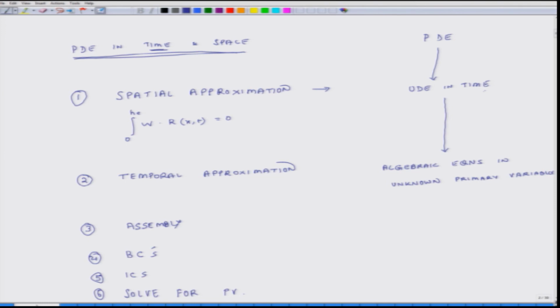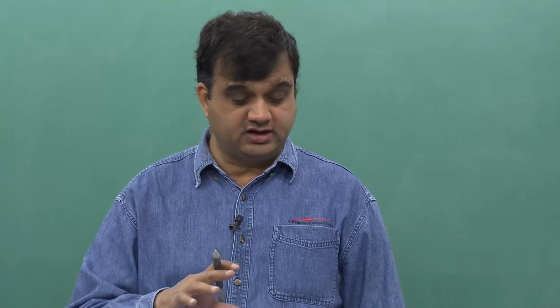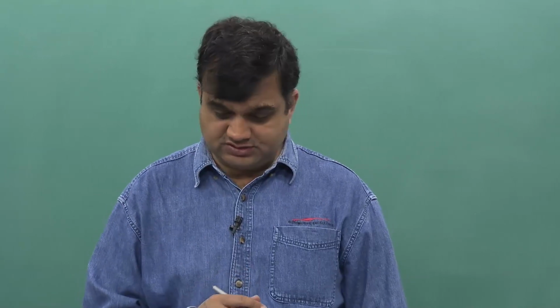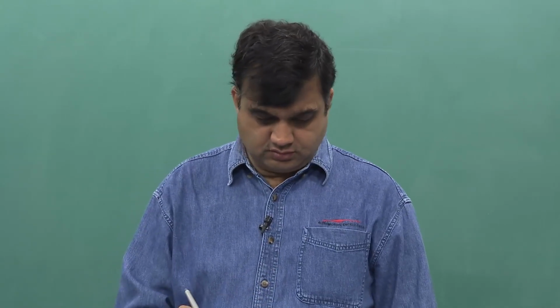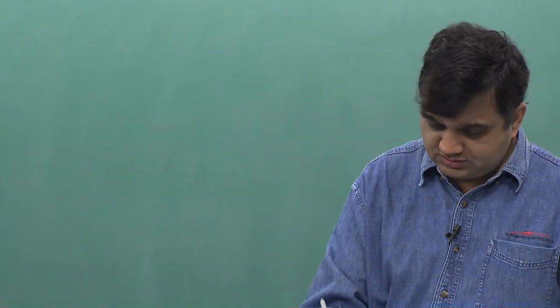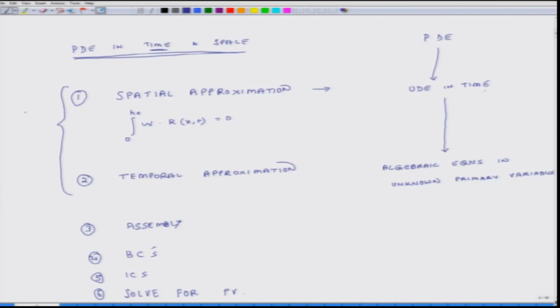So, this is the overall scheme of things, and as we walk down, we will specifically look at how exactly we do all these individual steps. So, the first two steps are at element level, and steps 3, 4, 5 and 6 are done at assembly level. Okay.